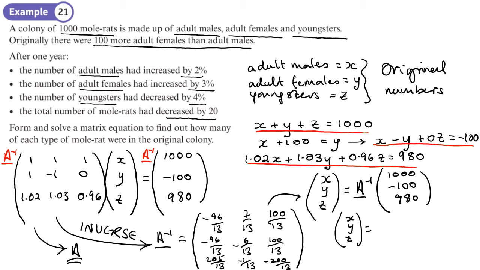And I want to do the inverse of matrix A times matrix B. So I need to press x to the minus 1, times by, press Option, and number 4, matrix B. And what I get is 100, 200, 700. That looks nice, doesn't it? So this will be my answer. This is the number of adult males, adult females, and the youngsters.